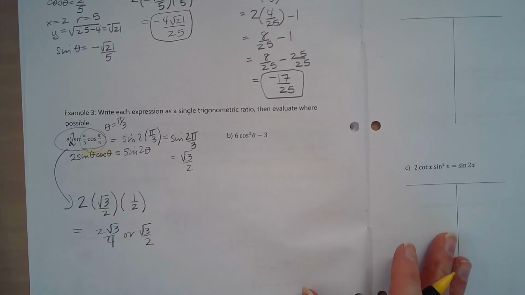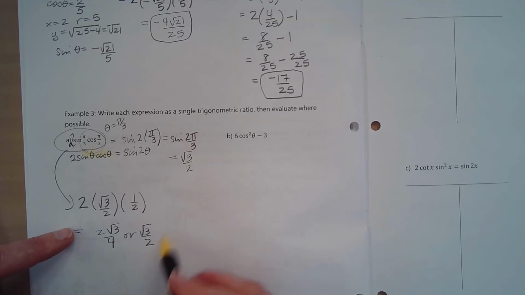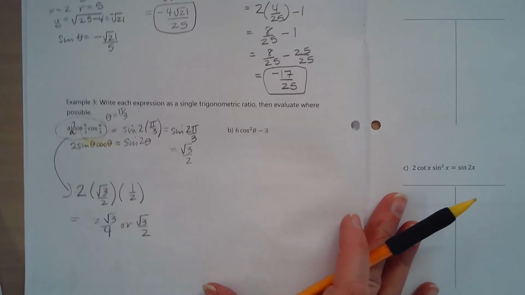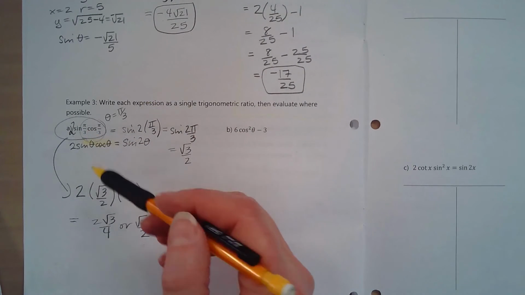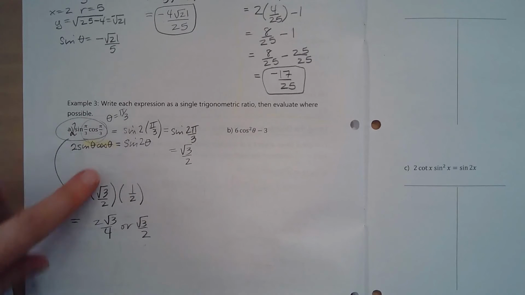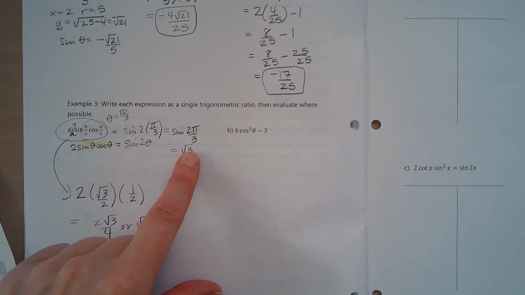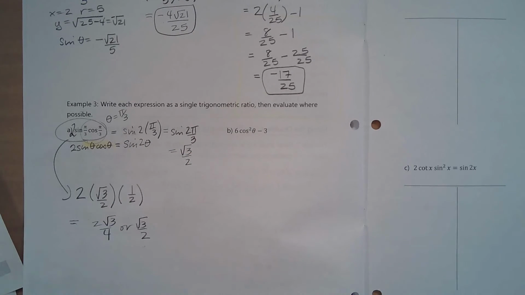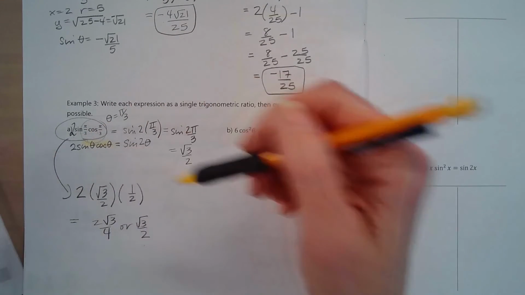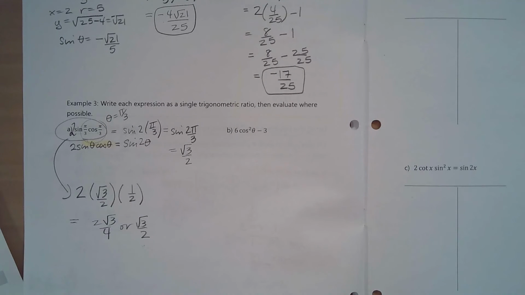So you're probably thinking, why didn't I just do it the long way? Why do I have to do it this way? It's confusing. Well, you might not be given pi on 3s, right? Maybe you'd be given pi on 5s or something like that that would simplify to something you could work out. So you could do it the long way or the short way. The short way you only have to find one value, but just remember these guys can be powerful because you might have been given something that was not possible, like not from your unit circle initially.